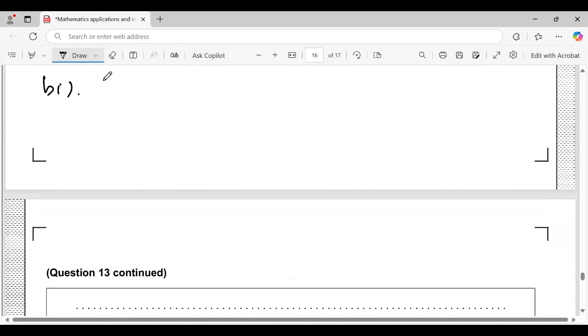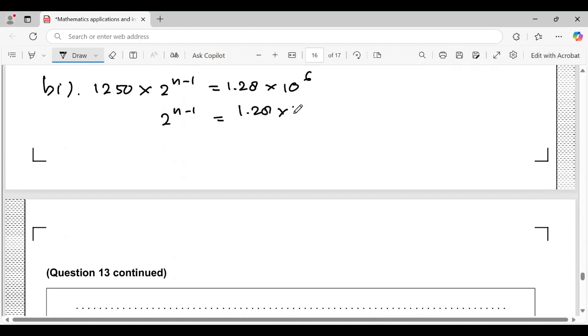B part 1. 1,250 times 2 to the power n minus 1 equals 1.28 times 10 to the power 6. It's based on the information. So we can write 2 to the power n minus 1 equals 1.28 times 10 to the power 6 divided by 1,250.